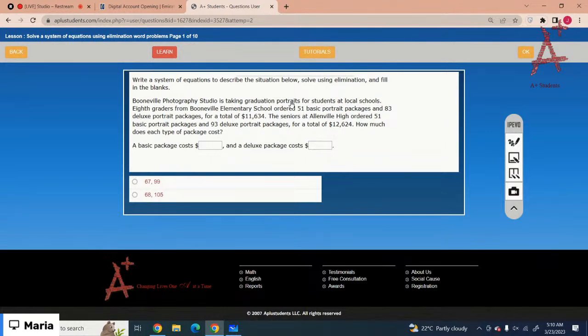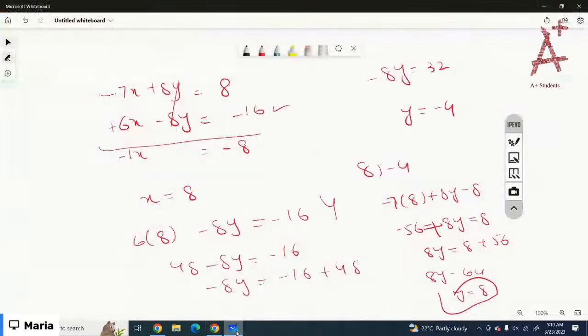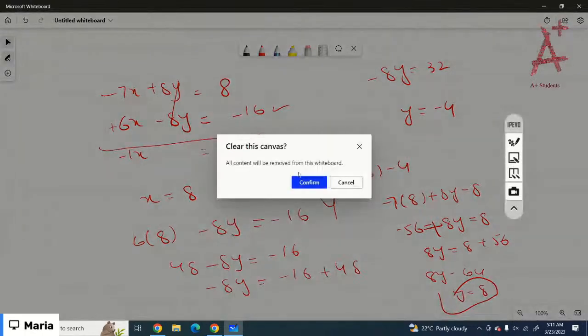So you have to write down the equations. The first equation would be 51x plus 83y equals 11,634. Let me just write down the equation.